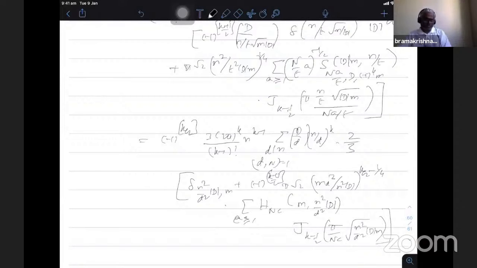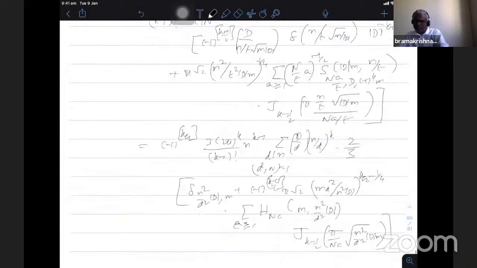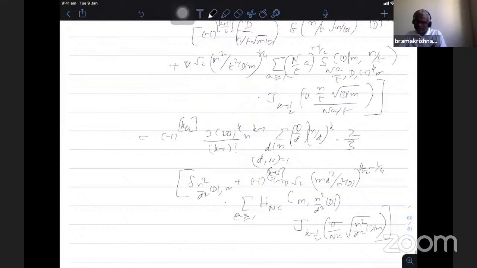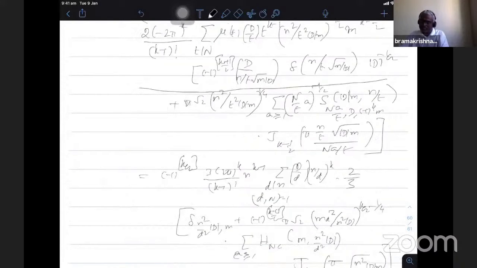Okay, so now comparing this, what we do is that I have to show that these two expressions are the same. So I just divide these expressions into two parts. One up to this. Second one is this exponential sum, or finite exponential sum. So first you compare the first two parts to show that they are equal. Similarly, you take the second part and they are equal, and therefore the expansions should be the same.